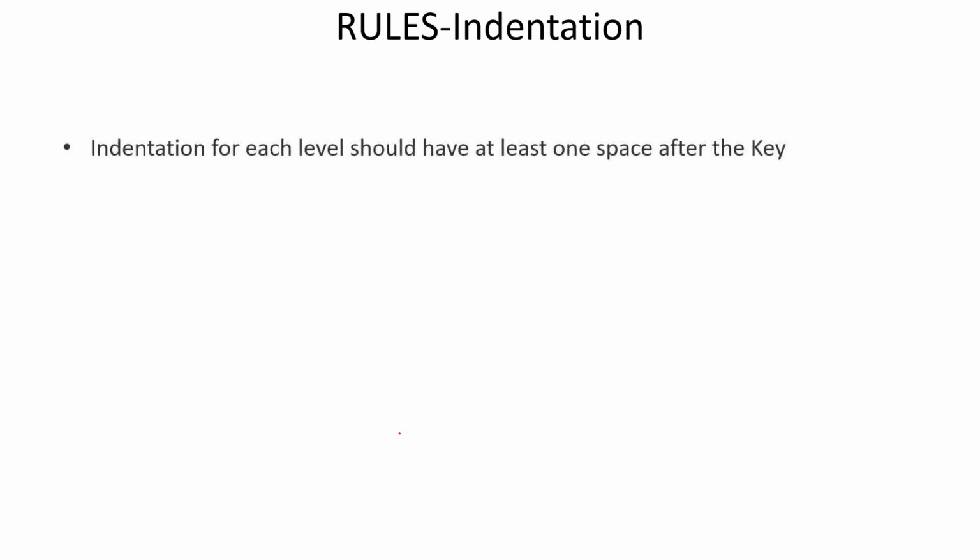The rule of indentation says that when you are given a key value pair, you are required to maintain at least one space after your key. In this example, you can see there's a name, which is a key, written in italics. After that, there is at least a space, and then there is a value for it.